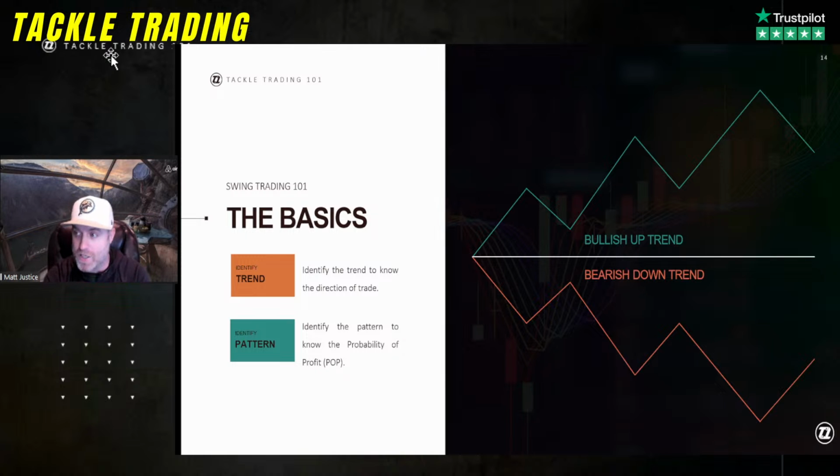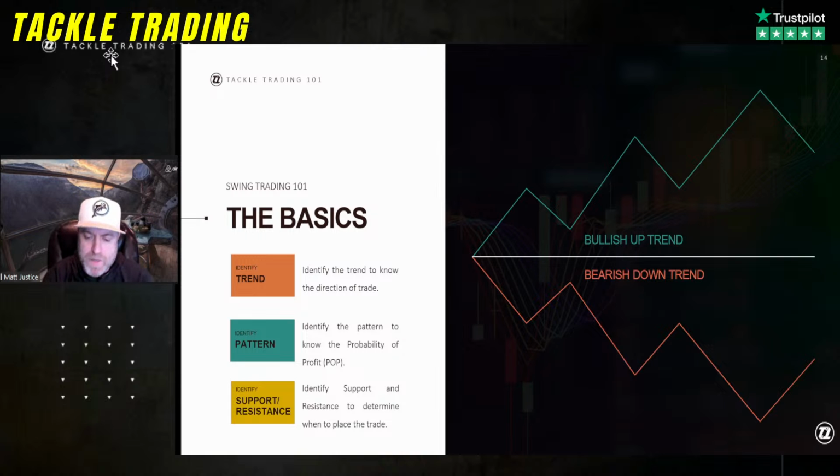It is the pattern that determines the trade. And so we wait on certain patterns that develop within trending analysis that determine the probability of the immediate next movement.